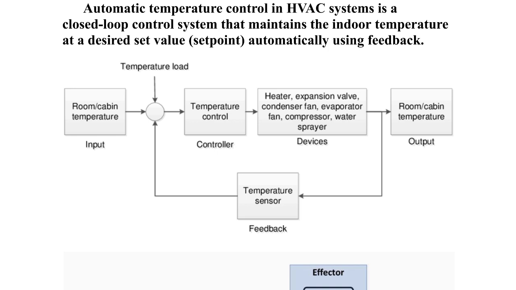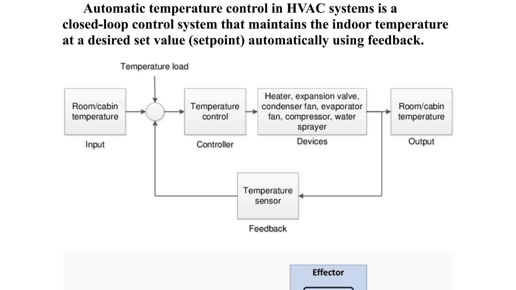Now the output part goes through the temperature sensor. It is fed back to the comparison part, that means we have the error detector. This feedback temperature value is compared with the reference input we set as room and cabin temperature.